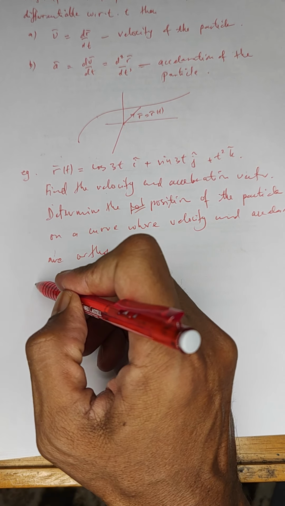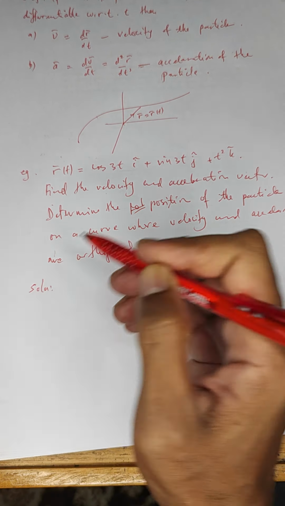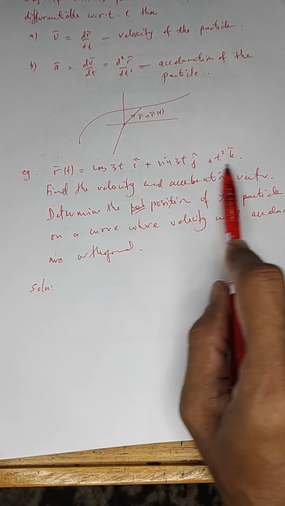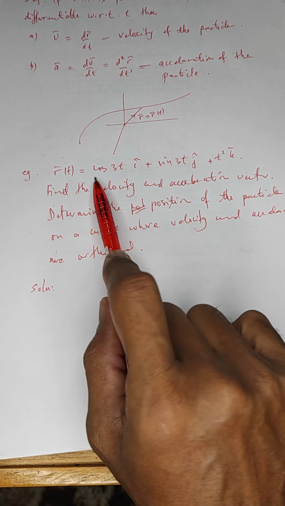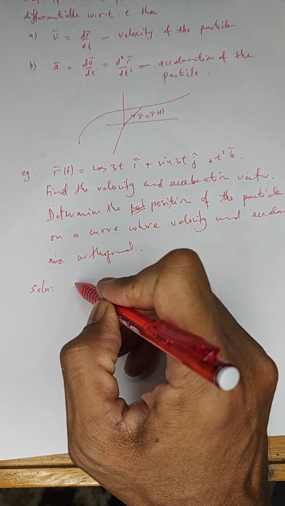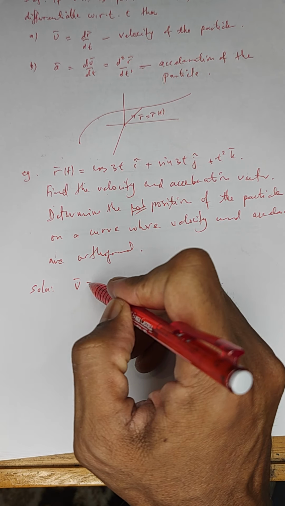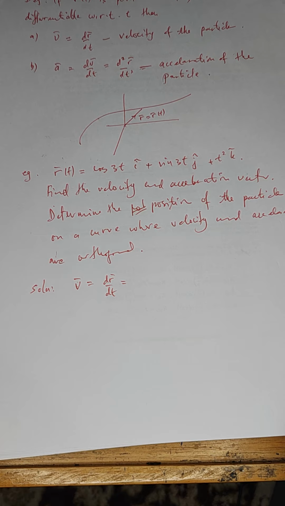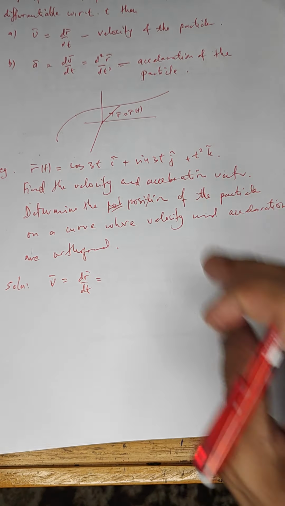Okay, so basically this is an easy problem. We were given the position vector r(t), then we want to find the velocity of that, which is dr/dt. We just differentiate the given position vector.